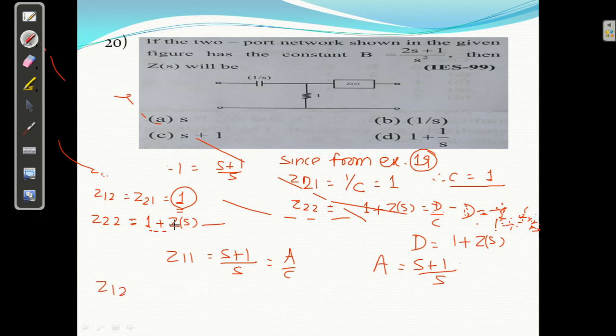And Z12, how much is Z12 here? 1. 1 equals what? From the transmission parameter, AD upon C minus B equal to 1.